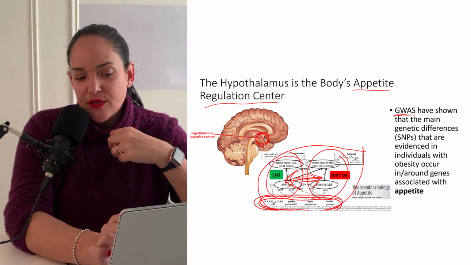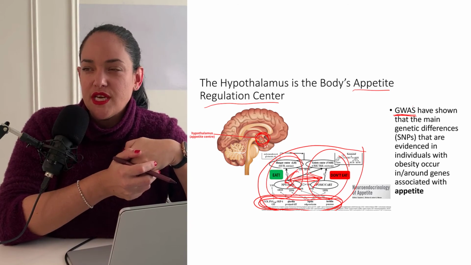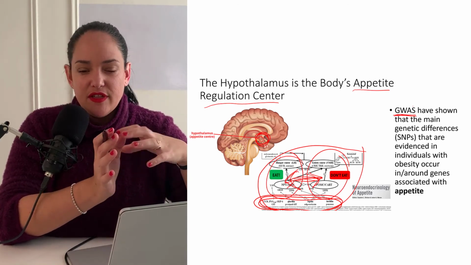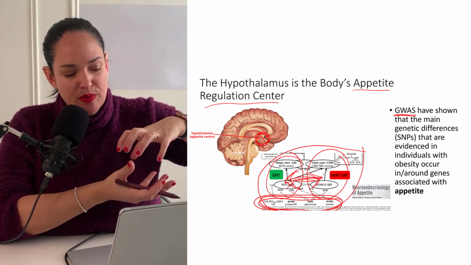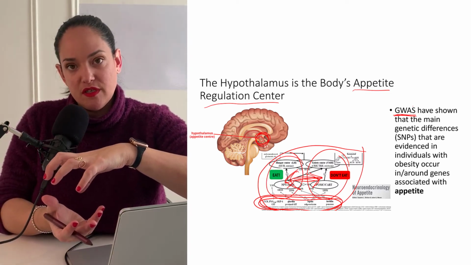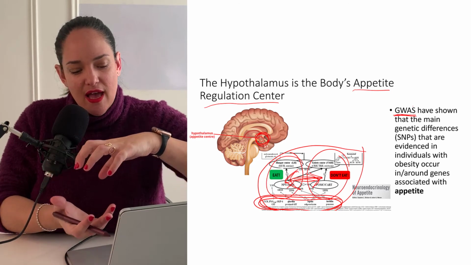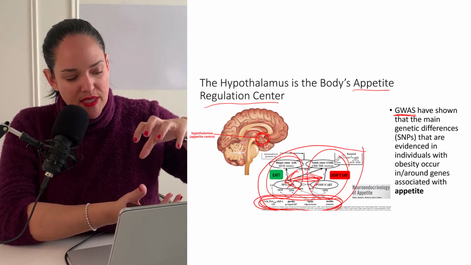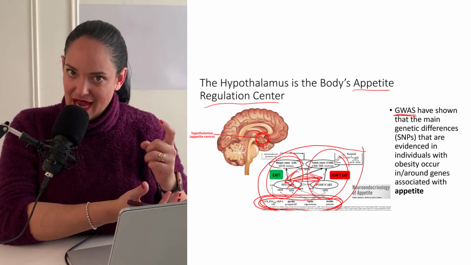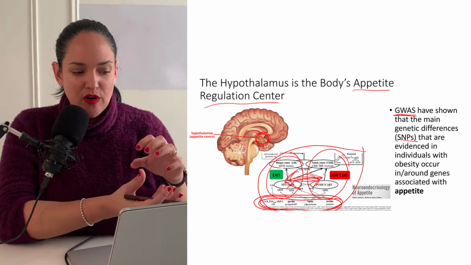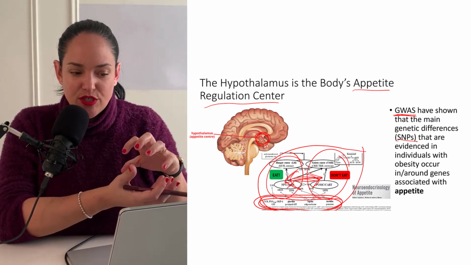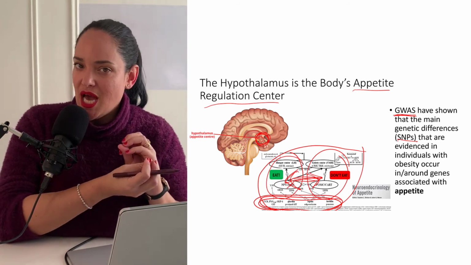Well, in particular, genome-wide association studies have looked at the genomes of individuals with obesity compared to the genomes of individuals that don't have obesity. And they found that individuals with obesity are more likely to have genetic changes, SNPs, single nucleotide polymorphisms, in and around genes that are associated with appetite.